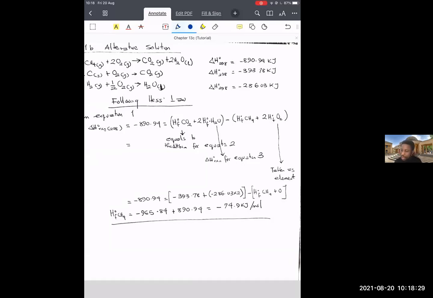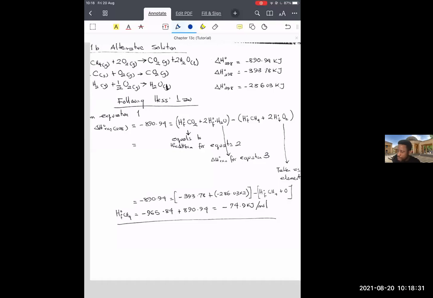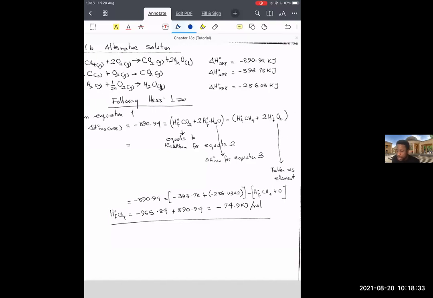So the question for 13.1b is that, let's calculate the heat of formation of methane. So we are interested in methane this time around. Calculate the heat of formation of methane gas from the following heat of combustion data.